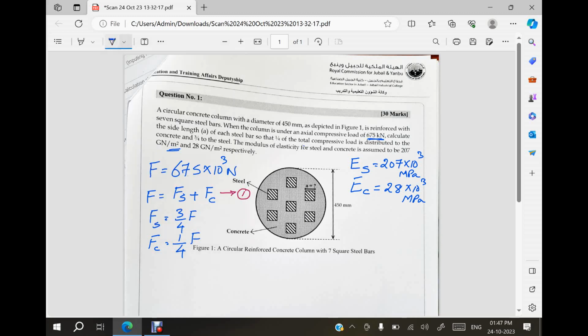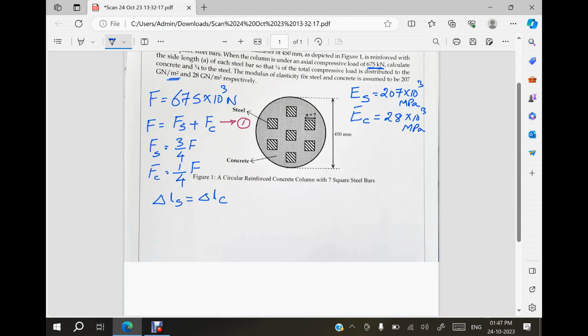My equation number 2 will be delta L of steel is equal to delta L of concrete, isn't it? So now I can easily write delta L of steel is F of steel into L of steel by A of steel into E of steel, equal to F of concrete into L of concrete by A of concrete into E of concrete.